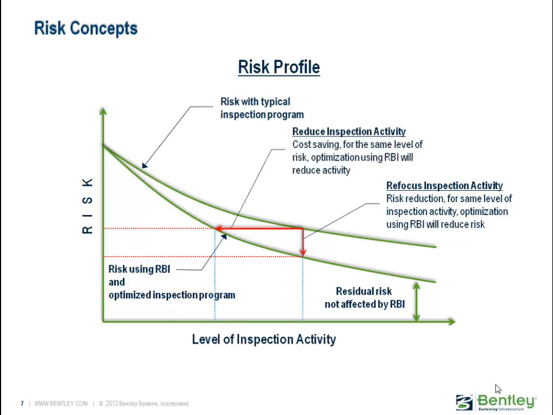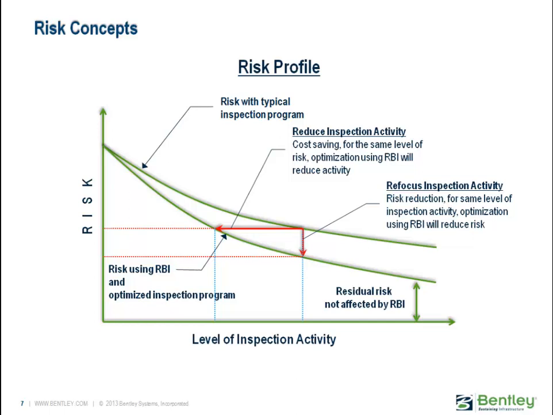On the other hand, it is possible to maintain the same level of risk and reduce the level of inspection activities if no risk reduction is required and that unit is already operating at an acceptable risk level. This can result in cost saving by avoiding unnecessary inspection, although cost saving is not the primary objective of implementing an RBI program.